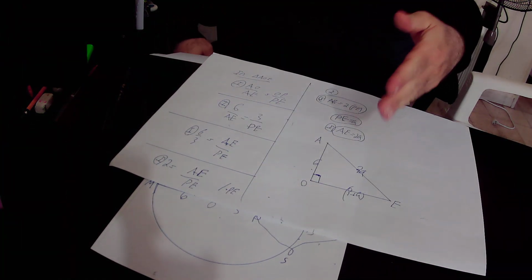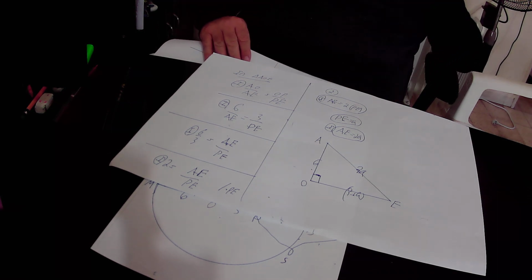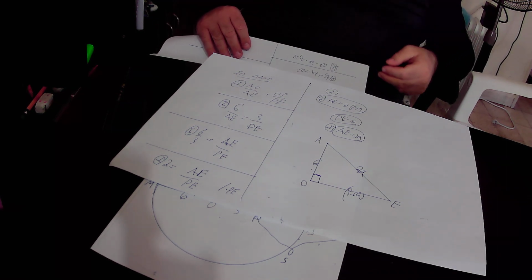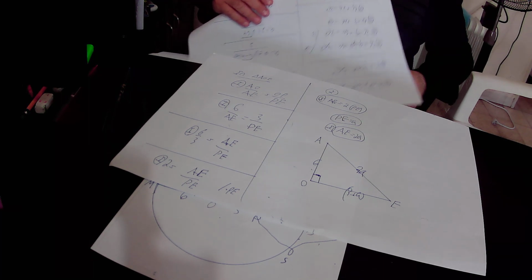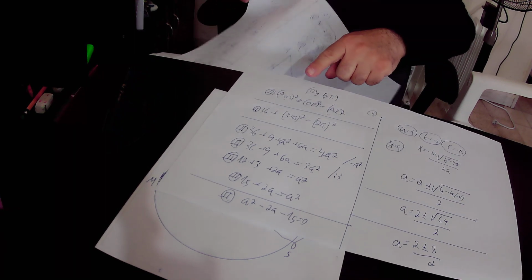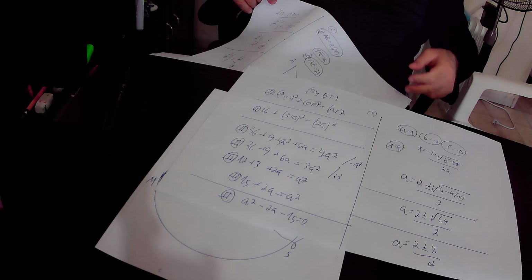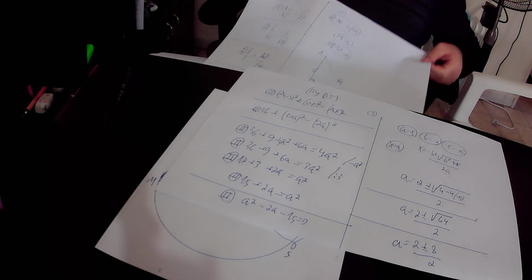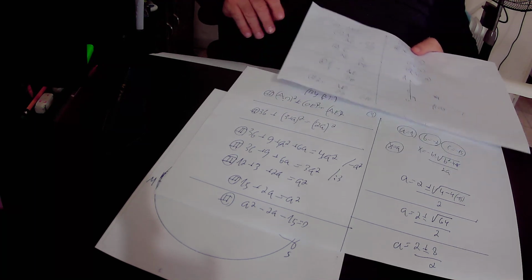So we implemented the Pythagoras theorem on this right triangle, triangle AOE. According to the Pythagoras theorem, the square of the hypotenuse equals the sum of the squares of the other two sides. That is to say, AO squared plus OE squared equals AE squared, the square of the hypotenuse.